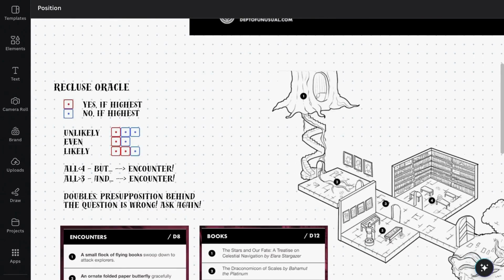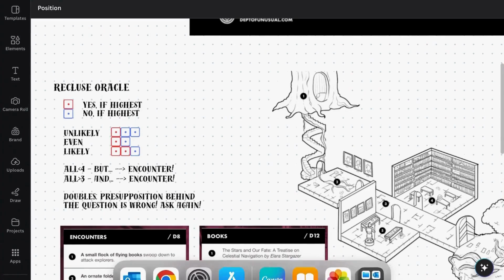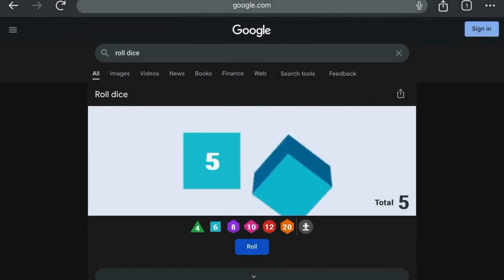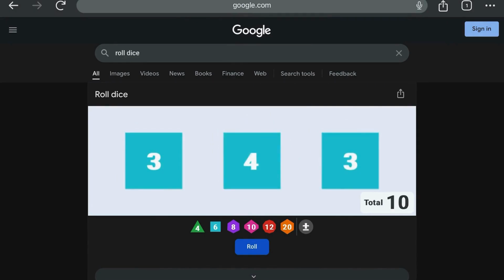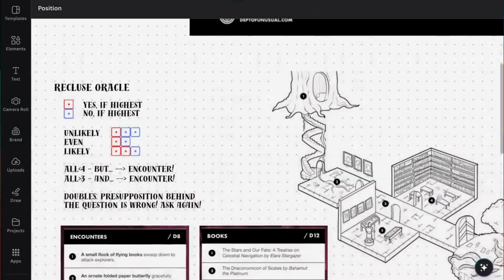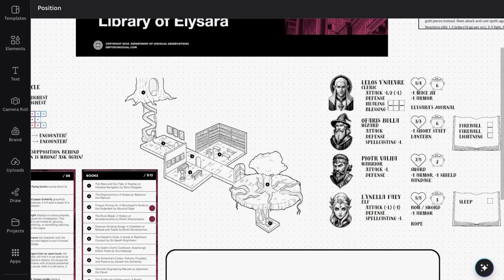So I will roll with 3 dice. Yes, no. The second one is a yes again. So no encounters by this result, but yes, it is closed magically.